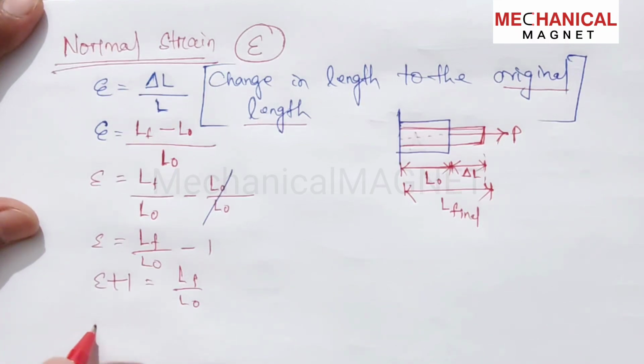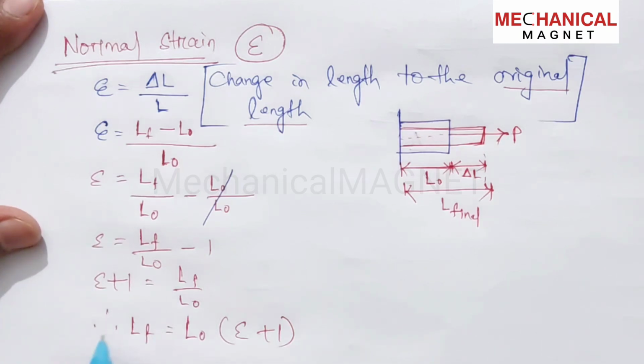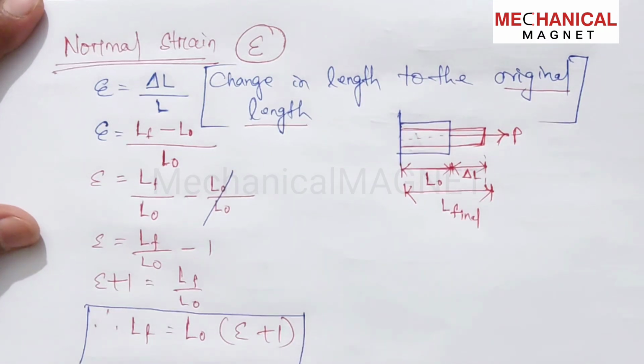Here we find the final length: LF is equal to the original length L0 times epsilon plus 1. So this is the normal strain equation to find the final length of a strained body.